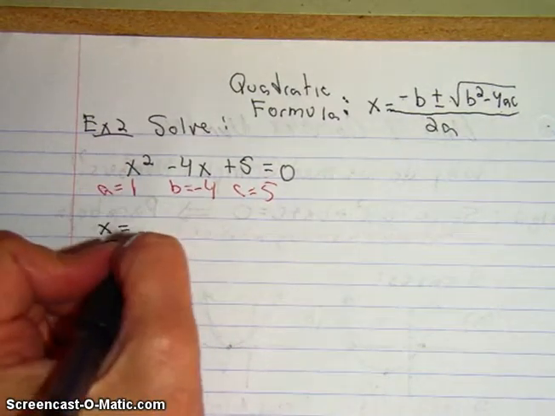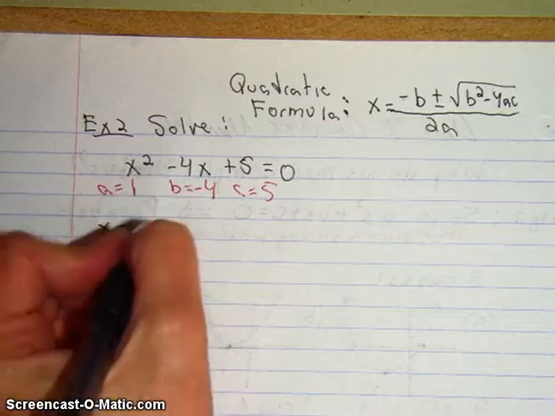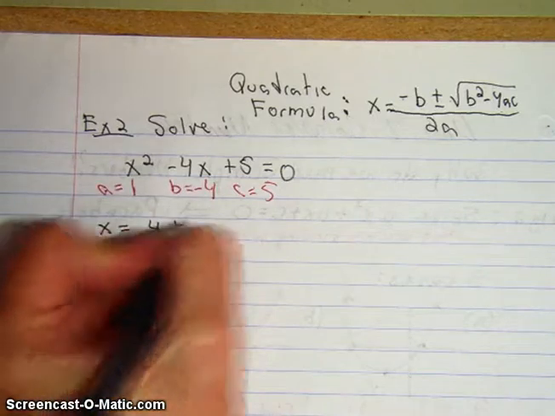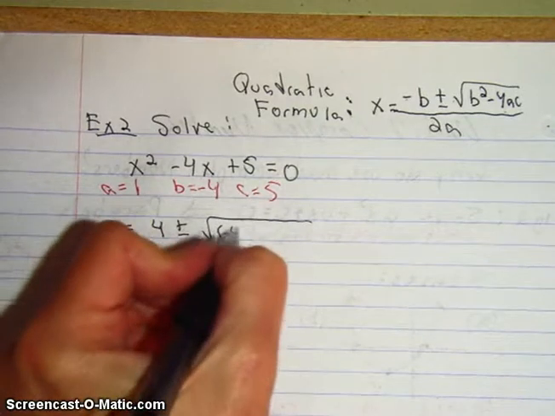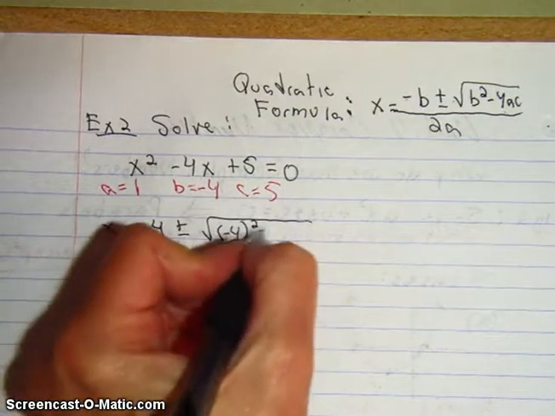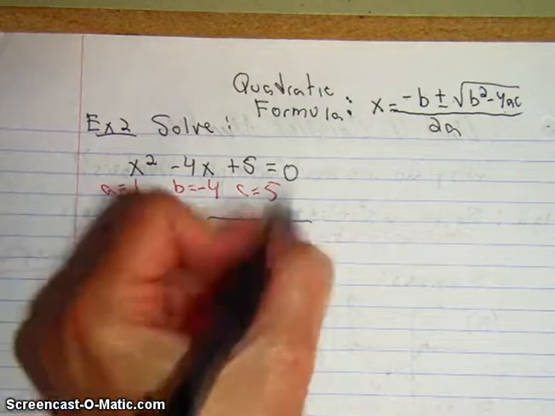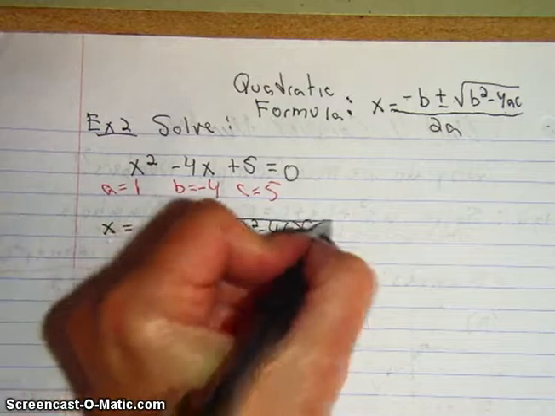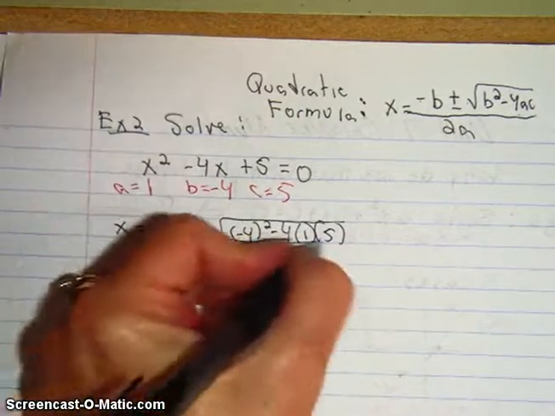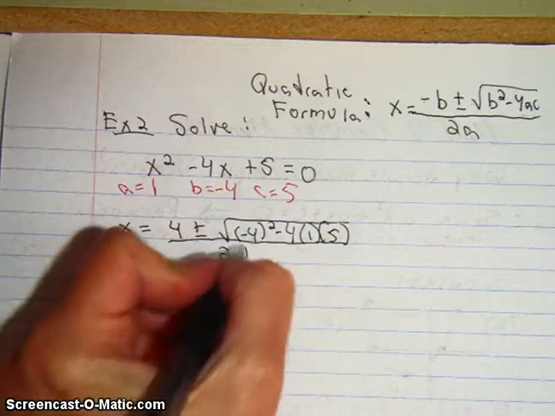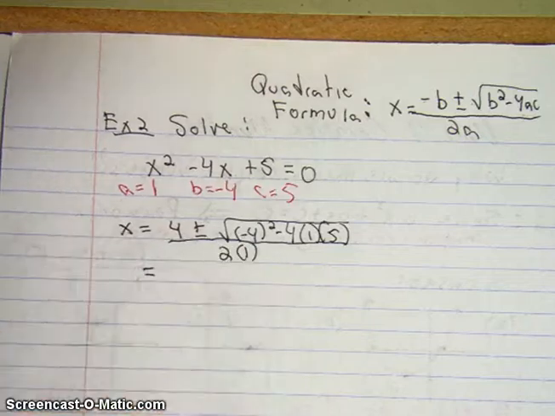It's not time. x equals the opposite of negative 4, which is 4, plus or minus the square root of negative 4 squared minus 4 times a, which is 1, times c, which is 5, all over 2 times a.